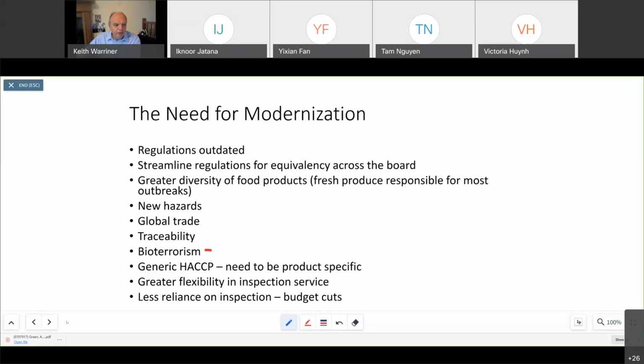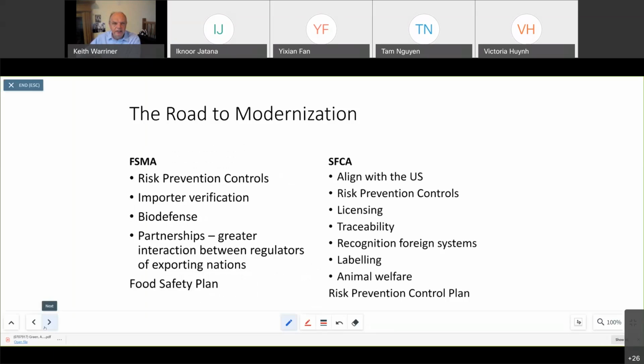So FSMA, as it was then, took over 10 years just to get to congressional pass, and then it took another 6 years to get the regulations. And what it was based on, as I mentioned at the start, is that HACCP was based on prerequisite programs followed by the HACCP plan, staged and listed.